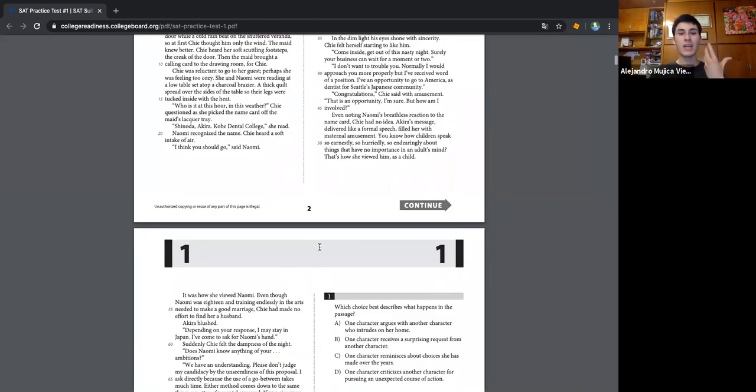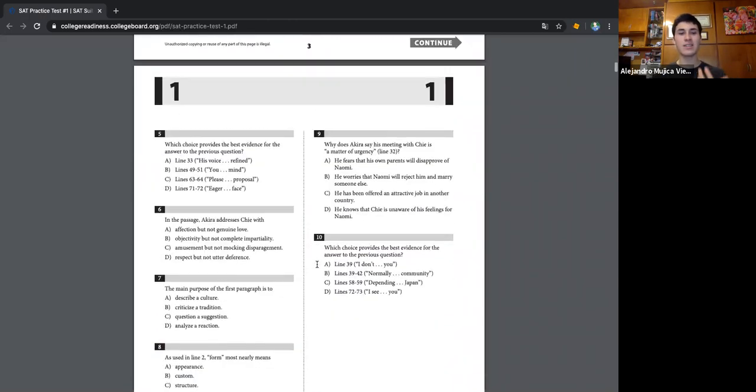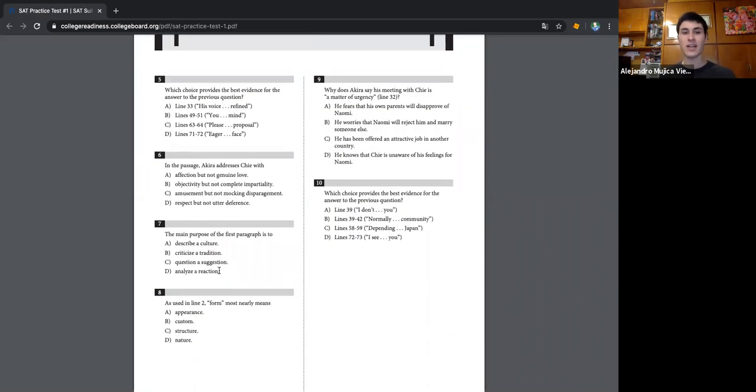So what he's doing here is analyzing the reaction that Chie had to his request, because she might have shown that she was a little bit amused, like she was sort of having fun. And that was definitely not what he was going for. He did it very seriously. He wanted her to really consider it. And even though we talk about tradition and culture, that's not the main focus.